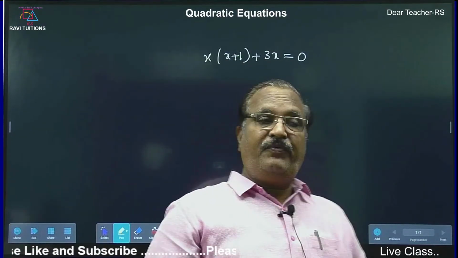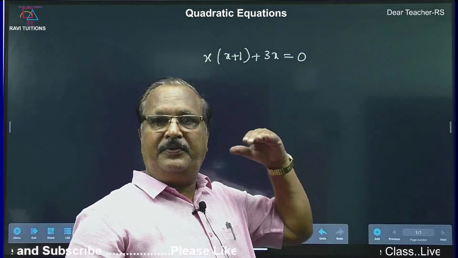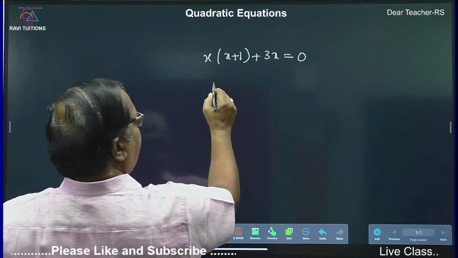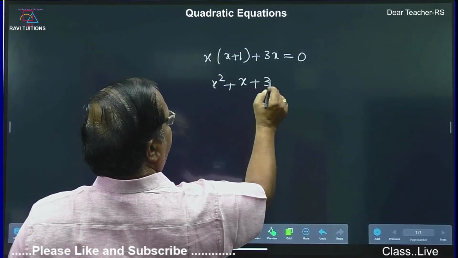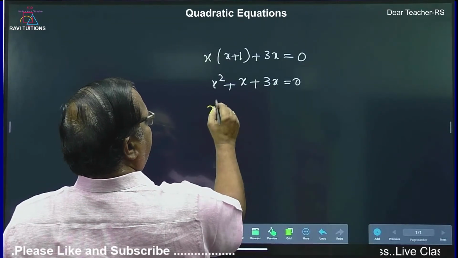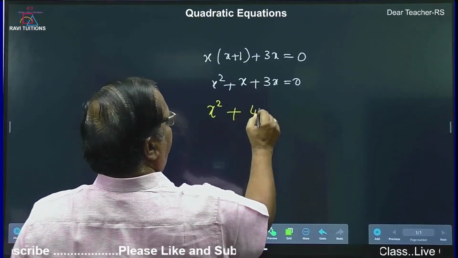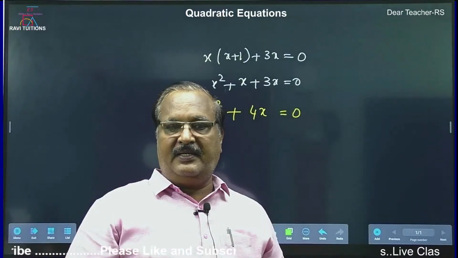Then if you get degree 2, it is okay. Now, there is a bracket, you have to remove it. x into x, x square, x into 1, x, plus 3x is equal to 0. So then what happened? x square plus 4x is equal to 0. Only two terms are there.